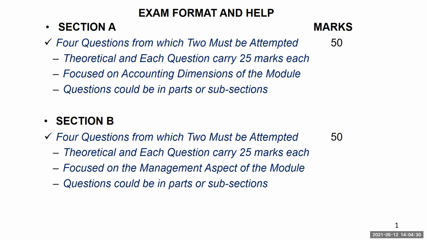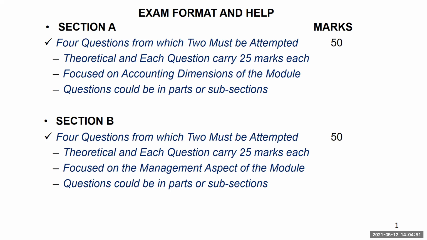Section A is what I'll concentrate much on. They are all theory based questions. Each question carries a maximum of 25 marks, and they are focused on accounting dimensions of the module. Questions are usually in parts or in subsections. The same applies to section B, four questions from which you choose two or you attempt two.